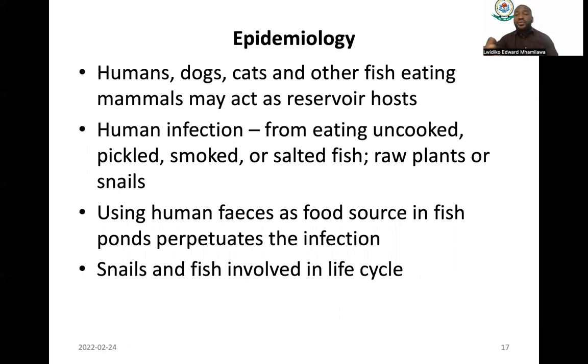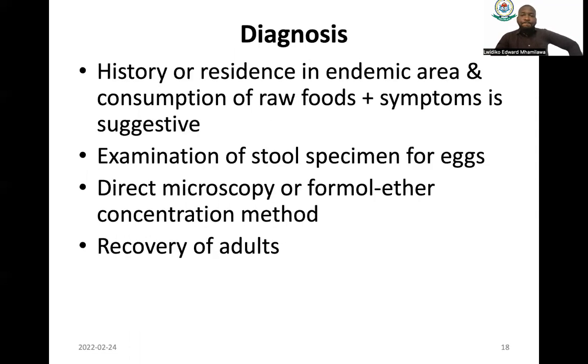So some people would like to recycle the feces and feed them to fish. I don't think you would like eating feces if you were them, but the fish eat it, and this is not good because it perpetuates the infection. And other people use that as fertilizer. So also snails and fish are involved in the life cycle.